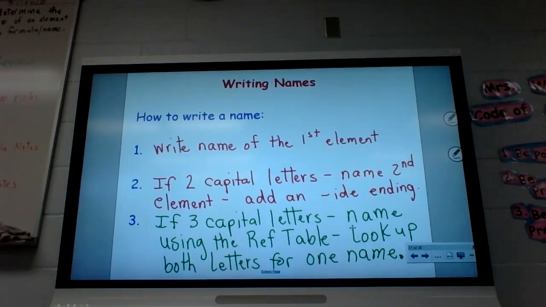Now, you need to find your orange reference table because this is the last chart on the reference table that we have not learned how to read. Not your periodic table, it's the reference table.